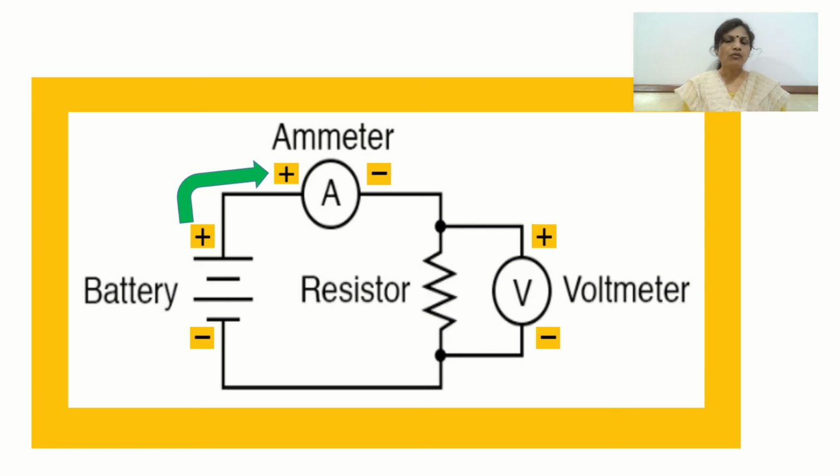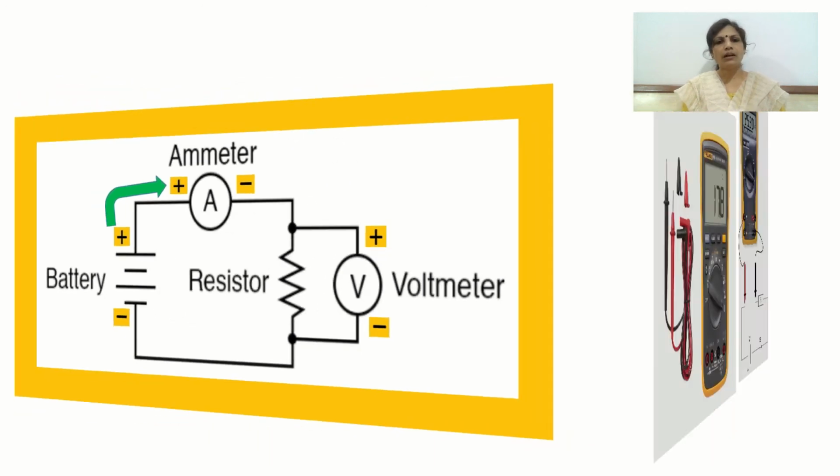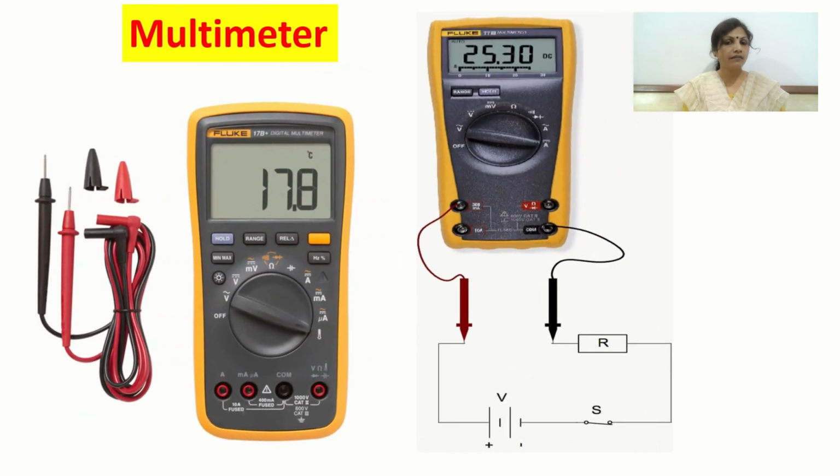I want to tell you about one device that is a multimeter, and the name itself suggests that it is a multi-purpose device. Now in an electrical circuit we have separately made use of the ammeter and voltmeter to measure the current and the voltage, but if we make use of a multimeter, it can be used for measuring the current, the voltage, the value of the resistor.